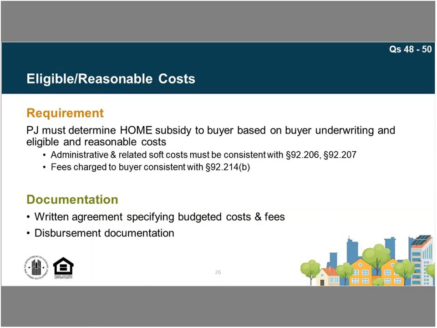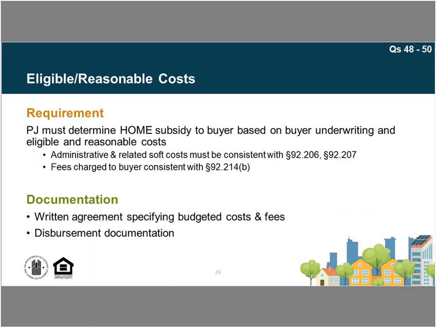92.214 is the list of ineligible costs under the HOME program, and 214(b) lists the fees that can be charged to individual participants, to the beneficiaries, including homebuyers. There's a limit on the fees that can be charged to low-income homebuyers, and they are limited primarily to a nominal application fee.